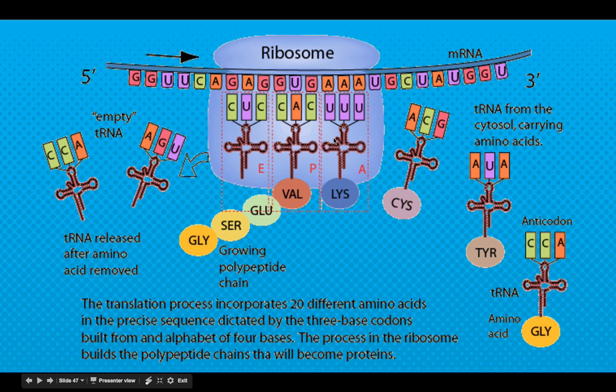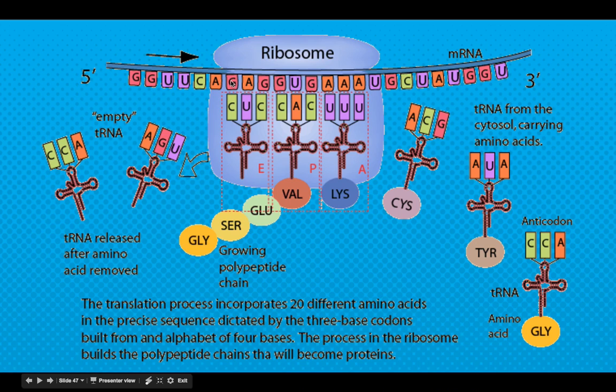These little things that look like T's are transfer RNA, or tRNA. At one end, they have an anticodon. At the other end, they have an amino acid. And each of those amino acids is a different thing.